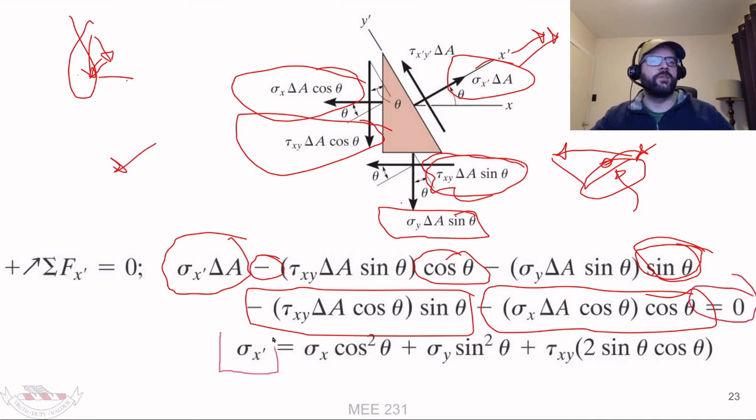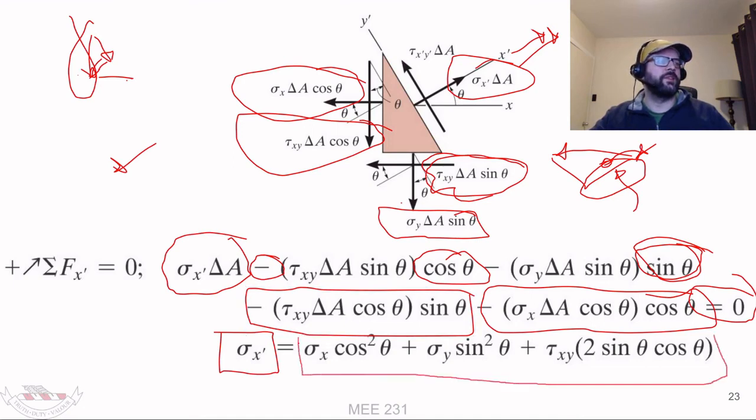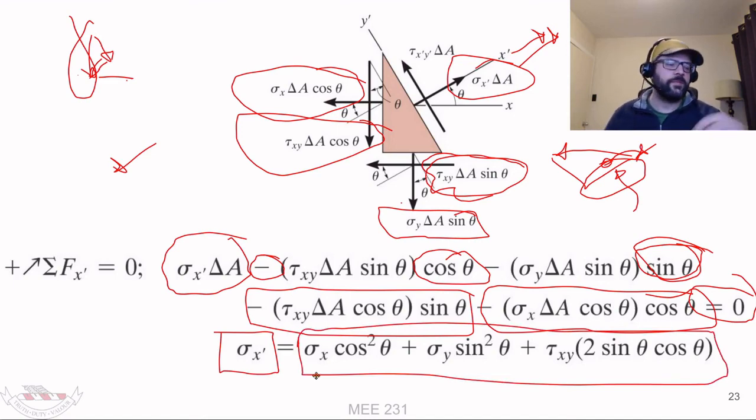Then we can just solve for sigma x prime as this, once we throw in a few trigonometric identities as well. If anyone really wants to go through the entire derivation, fill your boots. I personally don't enjoy fussing about with trig when I don't have to.